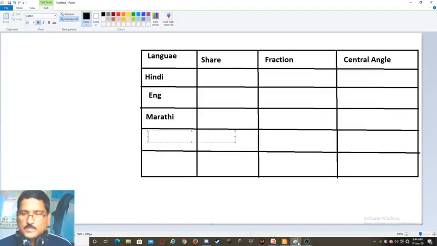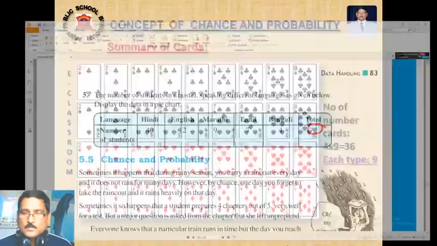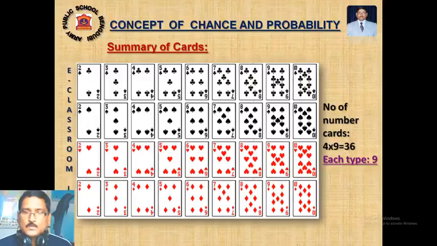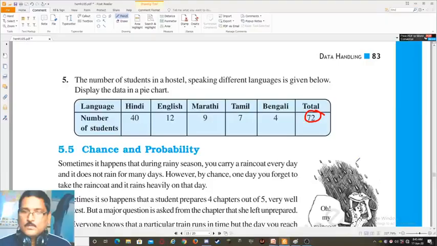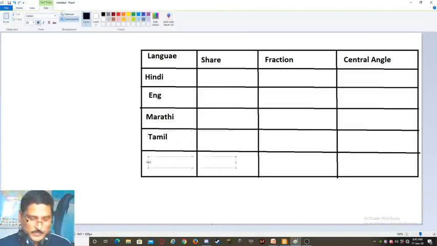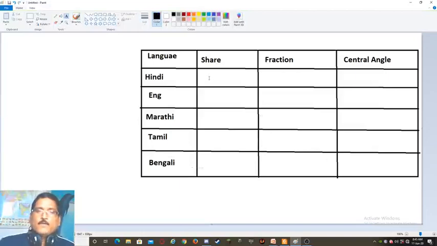What is the next language? Tamil, Bengali. Clear?